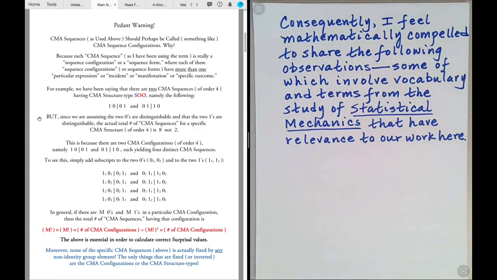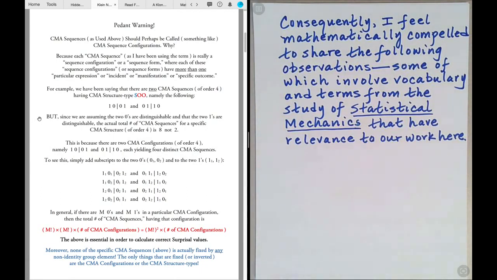This is because there are two CMA configurations of order 4, namely 1001 and 0110, each yielding 4 distinct CMA sequences.